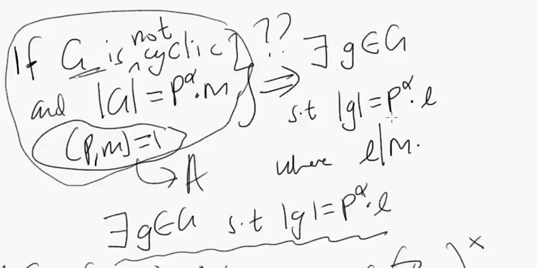And if G is not cyclic, then if we can show that an element has order of the form p to the alpha times L, that seems to be sufficient. But again, the main challenge is, how do we prove that there's an element in the group whose order is p to the alpha times L?